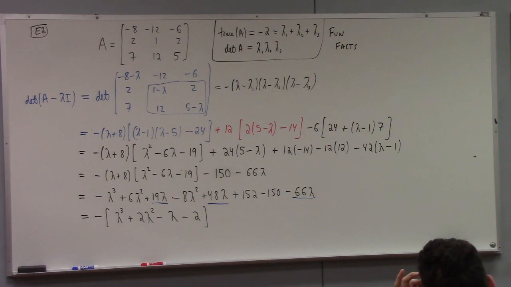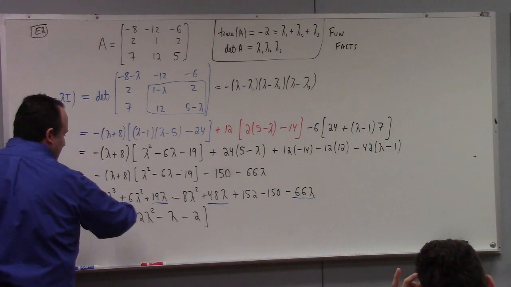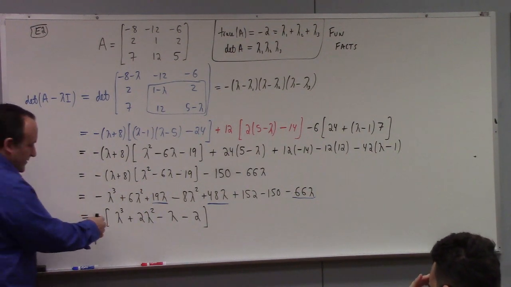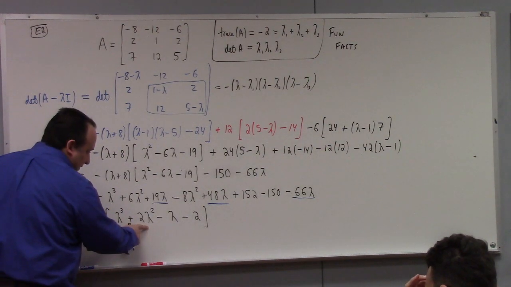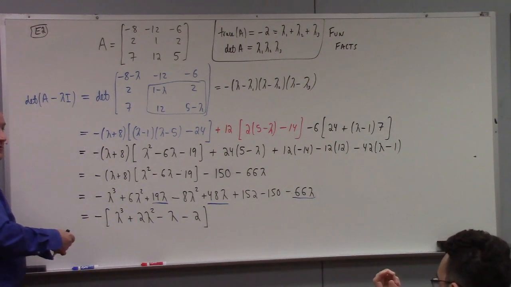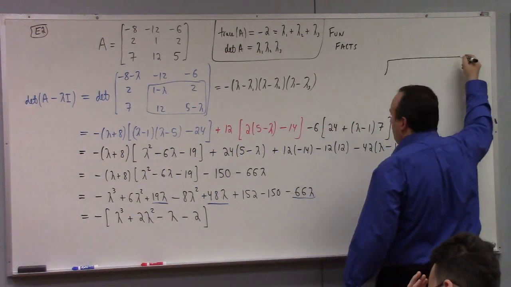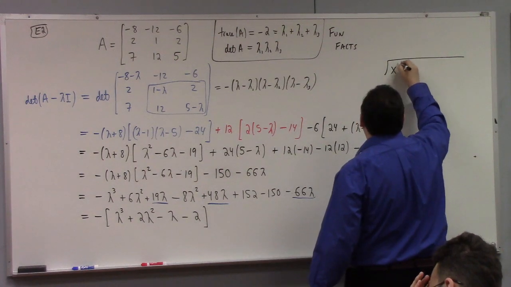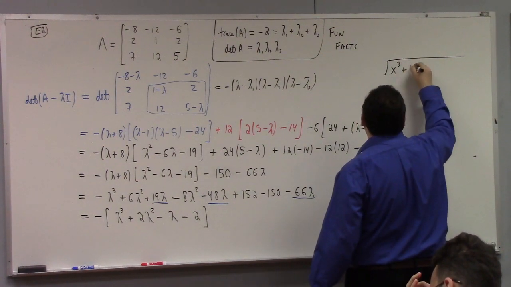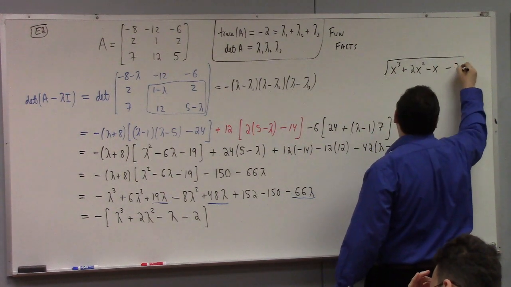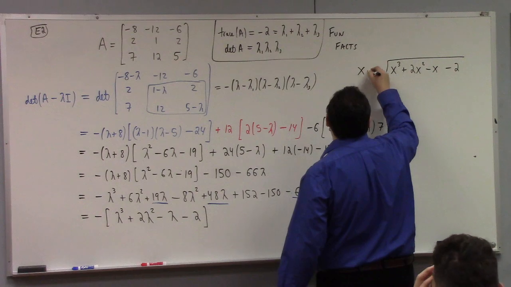Any thoughts on what the eigenvalue might be here? What could you try? When I get to something like this, does a 1 work? If I plug 1 in, I get 1 plus 2 is 3 minus 1, minus 2. Yeah, 1 works. So I'm going to switch back to x because I do better. Suppose you've got x cubed plus 2x squared minus x minus 2. Let's factor out an x minus 1.